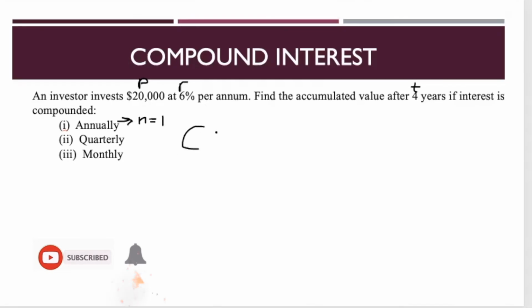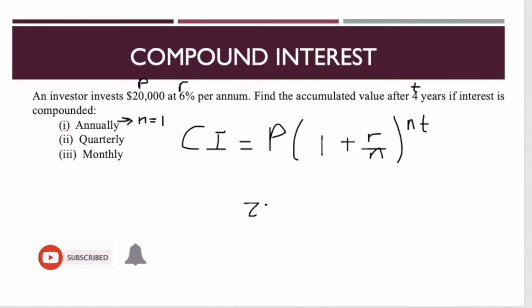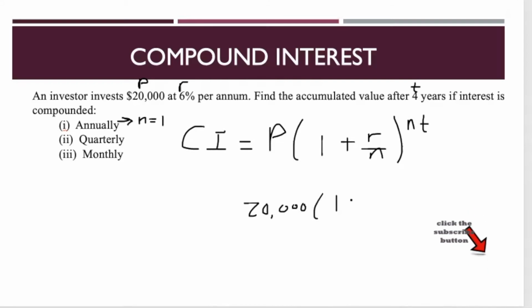So the compound interest, just writing the formula, is equal to principal, open bracket, 1 plus R over N, raised to the NT. So the principal is 20,000, so I will have 20,000, open bracket, 1 plus R is 6%.